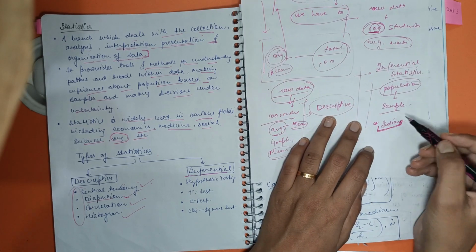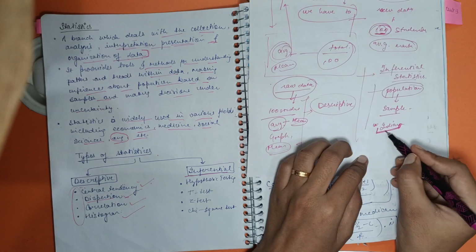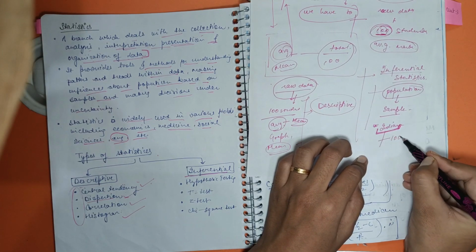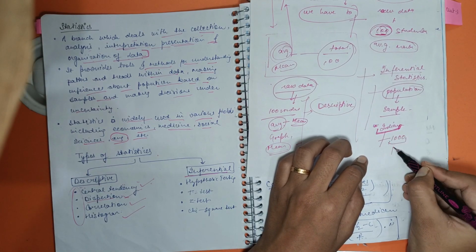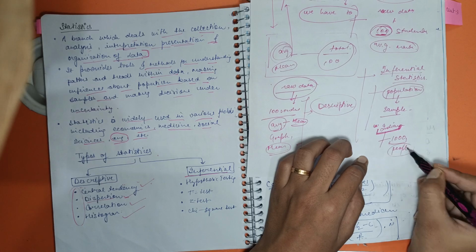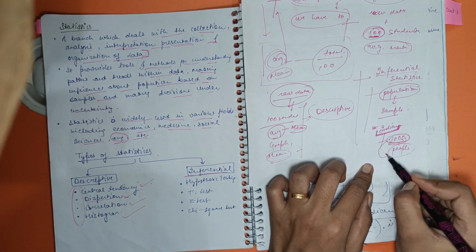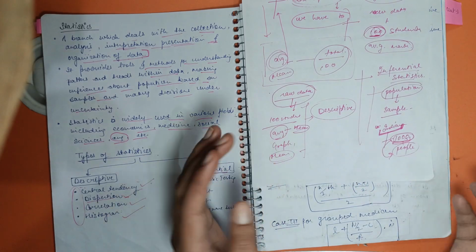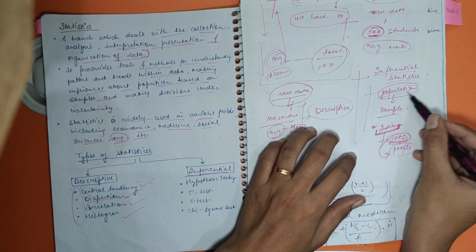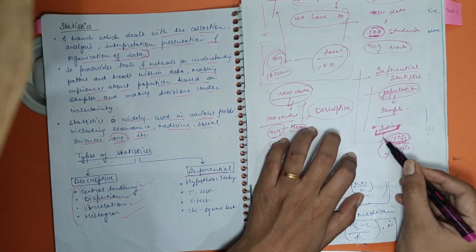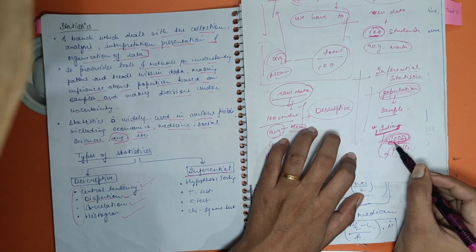So we take a sample, like we take only 1000 people, and from this we calculate the views of 1000 people, and we assume that all have the same views as those 1000 people.